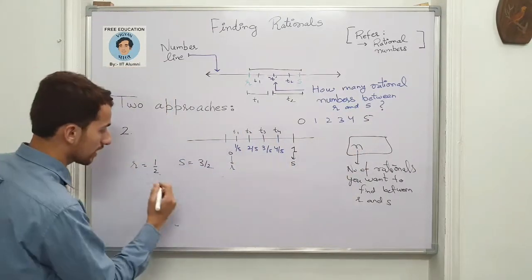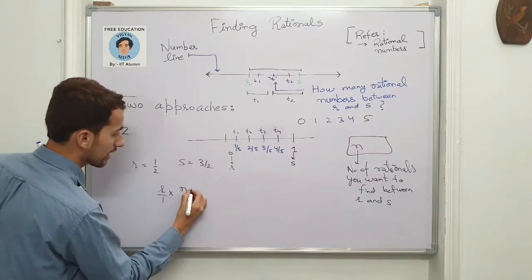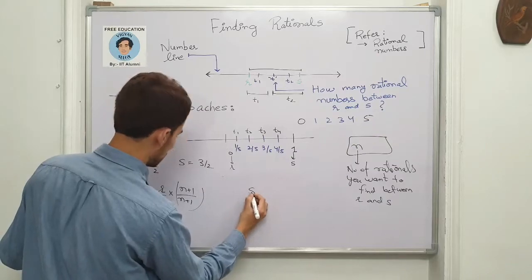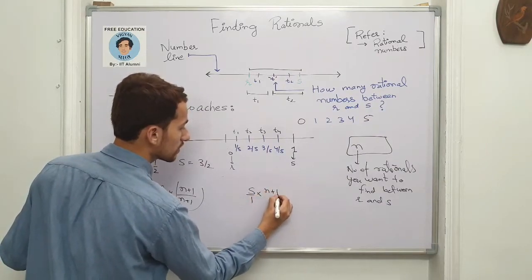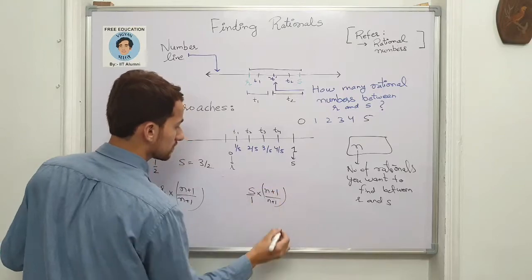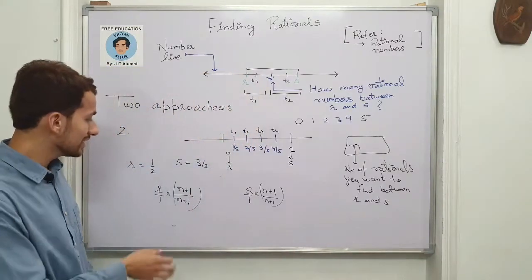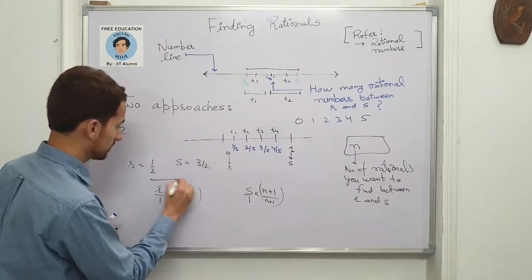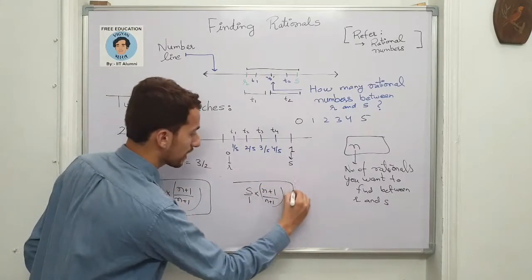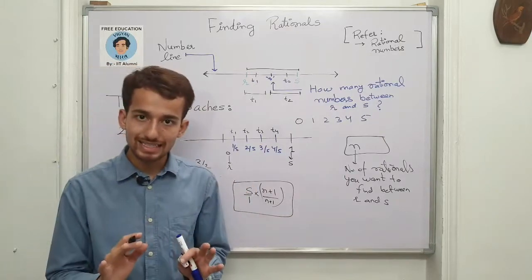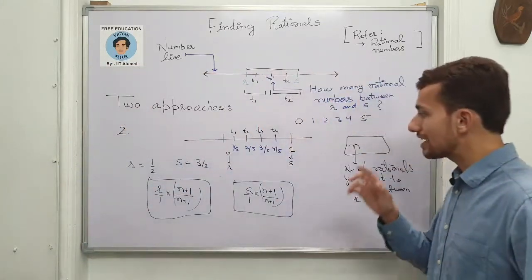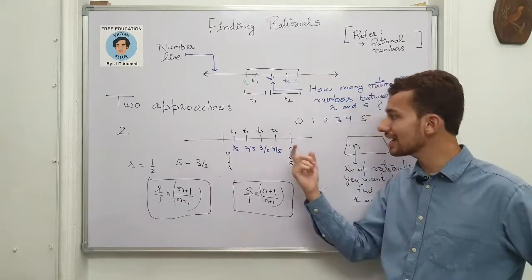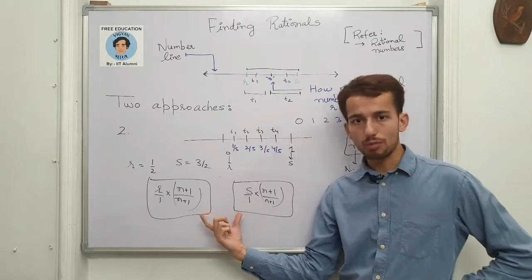So use this method: R by 1 times n plus 1 divided by n plus 1, and S by 1 times n plus 1 divided by n plus 1. So using these two expressions, you can find n rational numbers between R and S.